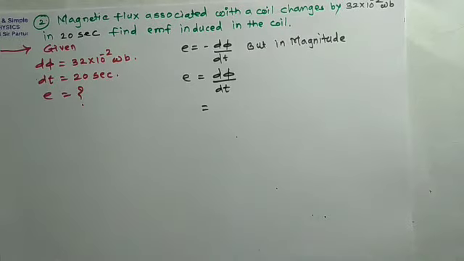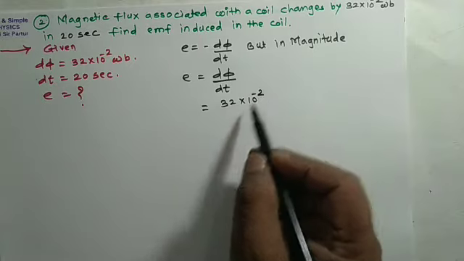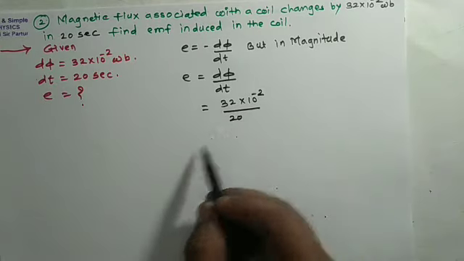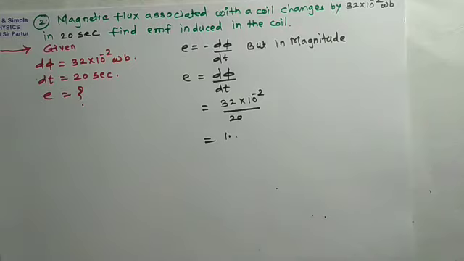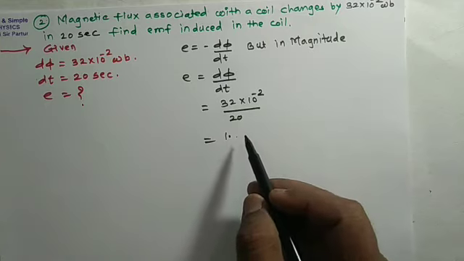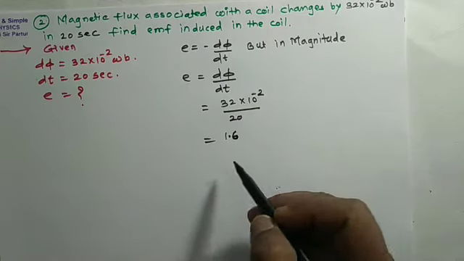If we substitute the values, it will be 32 into 10 to the power minus 2 upon 20. So 2 1's are 2, 12 will be remaining. It becomes 120. So 20 into 6, that is 120.